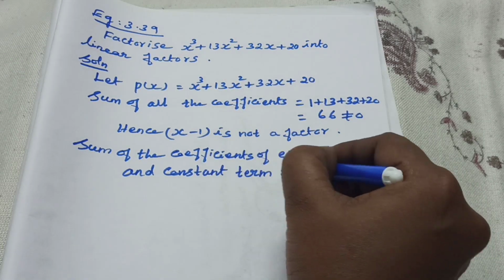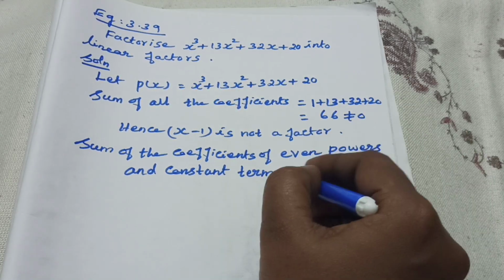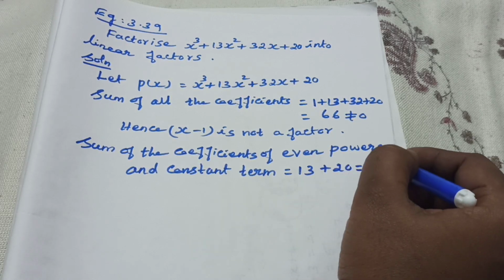Then the coefficient is 13. Then I have the constant 20. Both added, 13 plus 20 is 33.